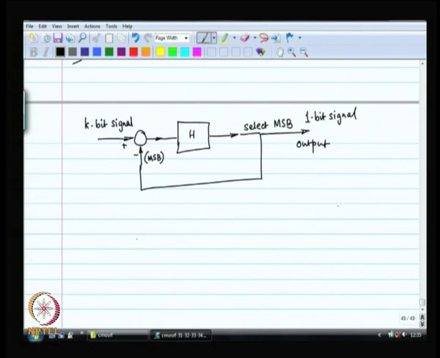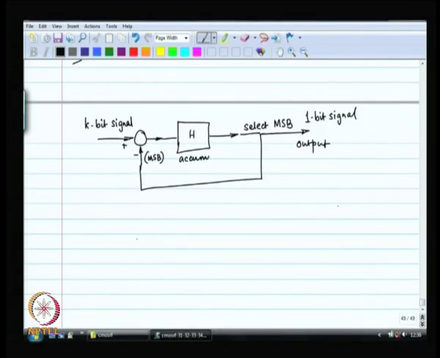So, suppose H is a filter which has very high gain at DC, infinitely high gain at DC, and low gain at other frequencies. It does not matter what the gain is at other frequencies, but at DC it is a very high gain, infinitely high gain. So, typical structures would be an accumulator. What is an accumulator?